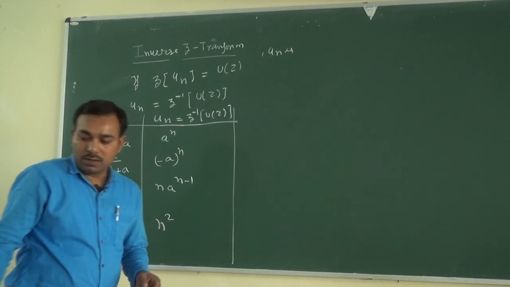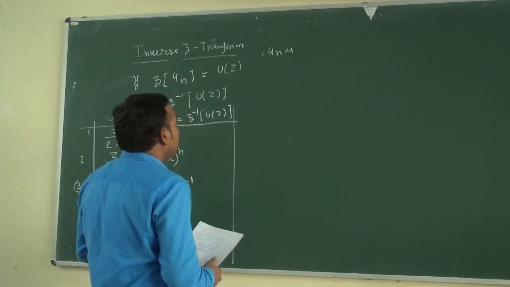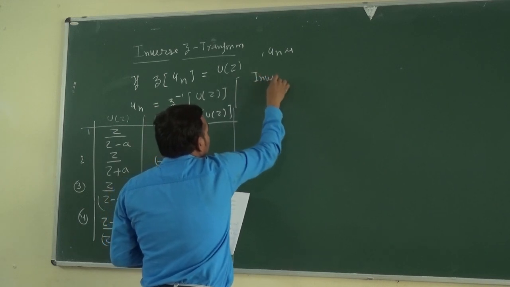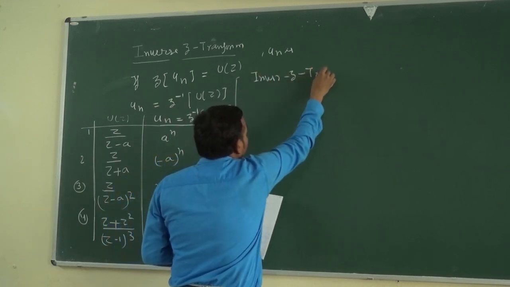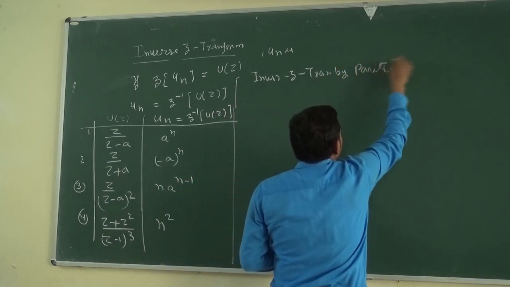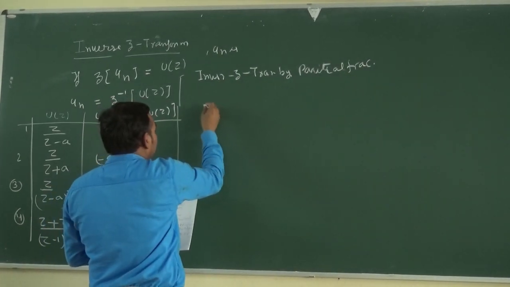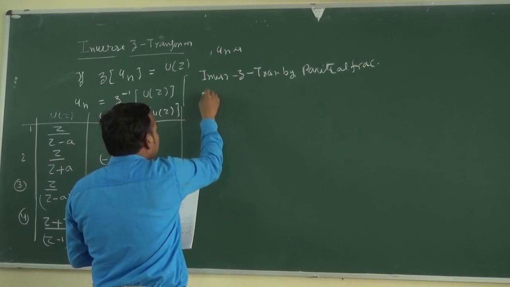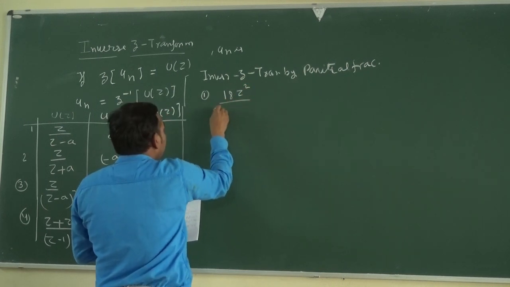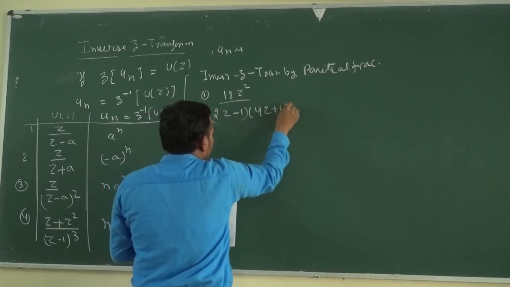Now we want to find the inverse Z transform by partial fraction. Suppose we want to find the inverse Z transform of 18z square upon (2z minus 1)(4z plus 1).